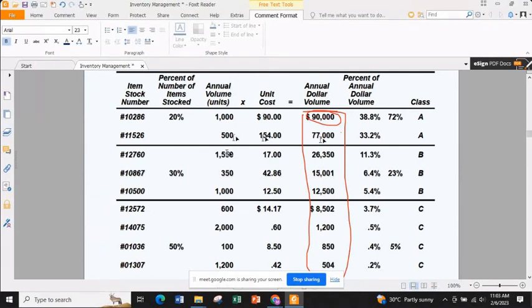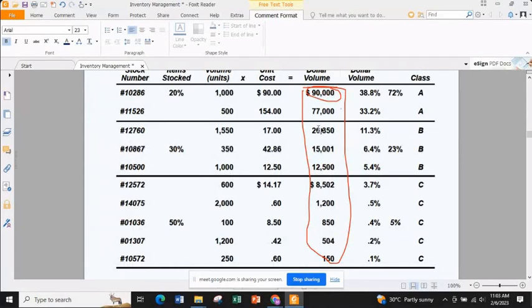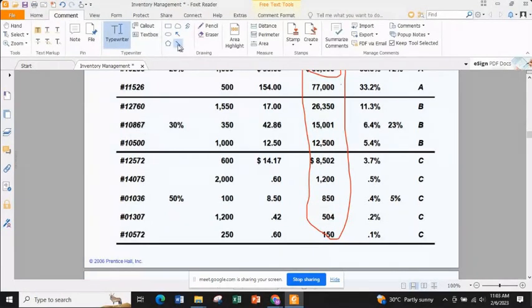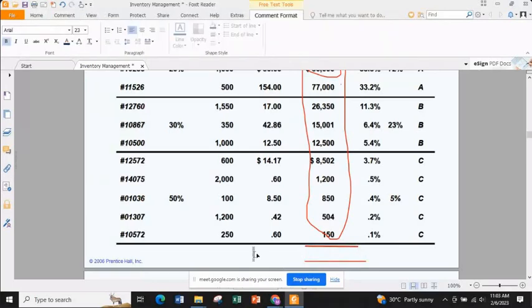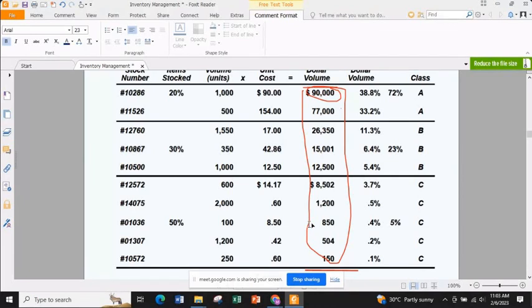So you list down all the annual volume cost times unit, so you get this price, and you need to total this. So what's the total annual volume? So you total this.